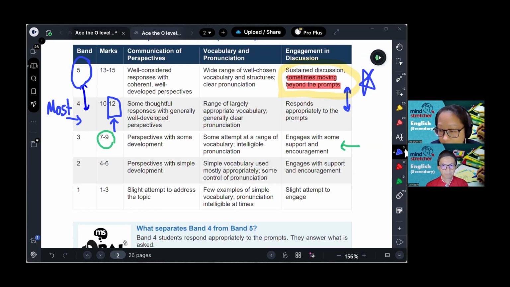So just now, somebody asked, aren't these rubrics for plan response? And this is a valid point. If you notice the plan response and this spoken interaction, the rubrics hinge on the same thing: thorough, thoughtful responses, wide range of vocabulary and structures, going beyond the prompt.